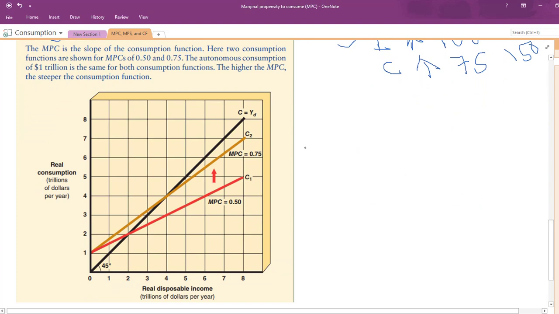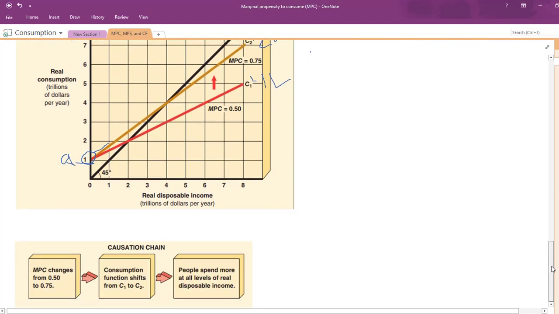You can look at this example. There are two consumption functions, consumption function 1 and consumption function 2. Both have the same a, but they have different slopes, or different marginal propensity to consume.